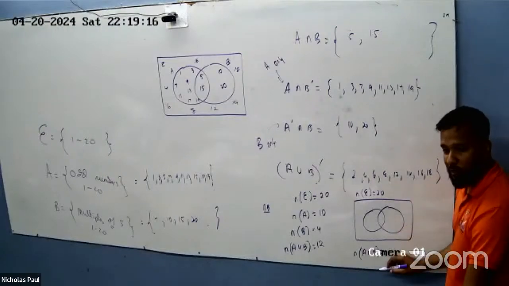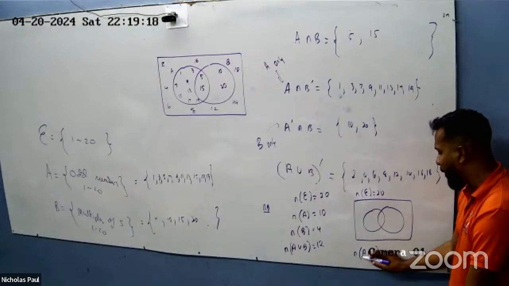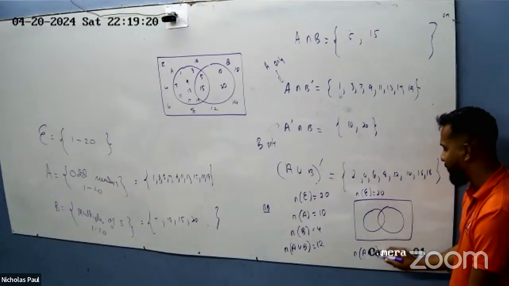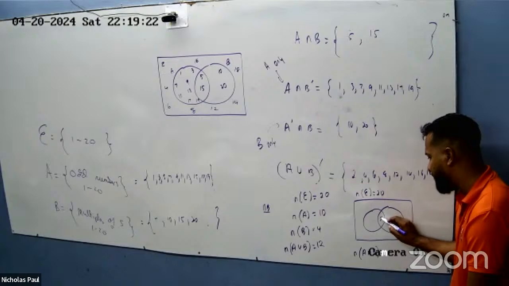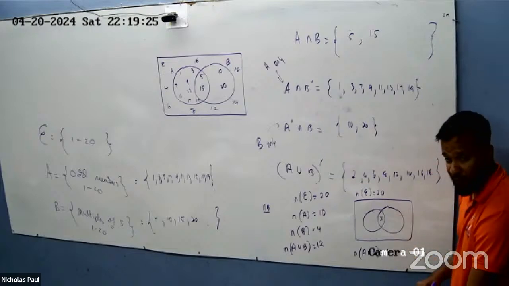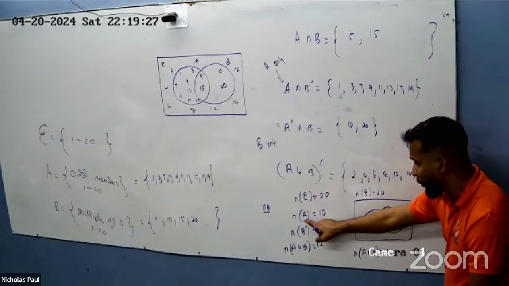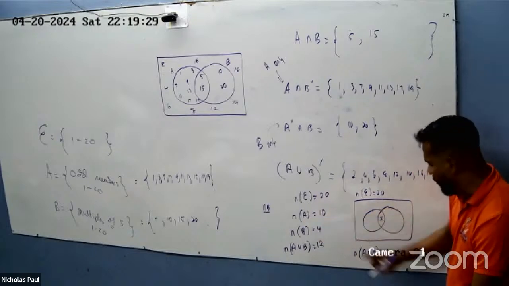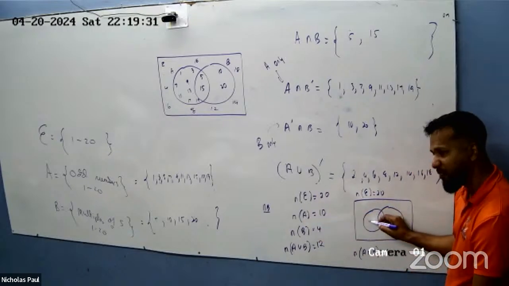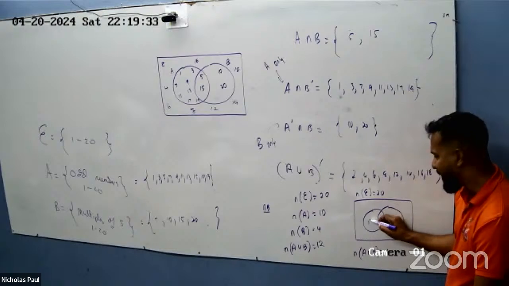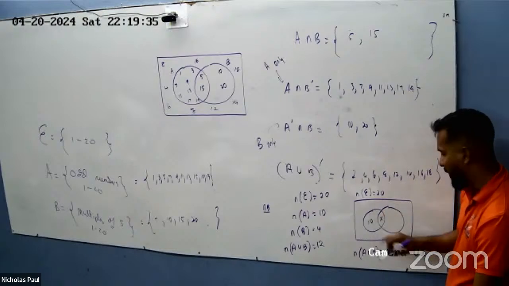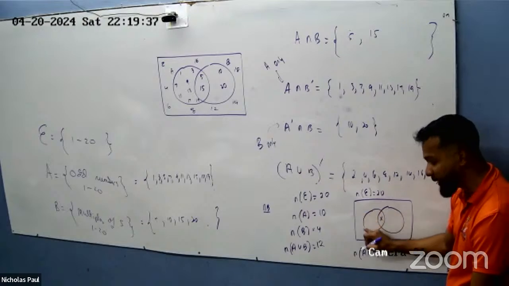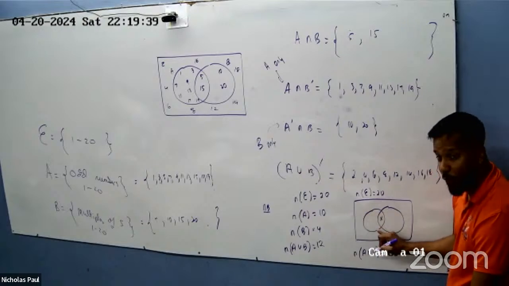Right, so the number in A intersect B is what we're trying to find. We don't know this, so let's call it x. That's okay? What do we know? We know the number in A is 10. So where do I write 10? Do I write 10 here? Do I write 10 here? No, because this whole thing is 10.